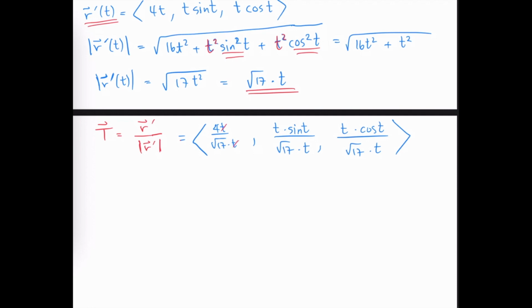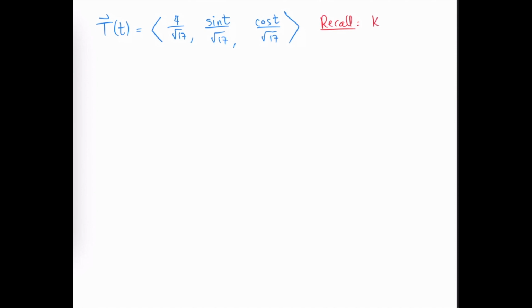And we see all of these t's are canceling out. So we have our unit tangent vector that does depend on the parameter. It depends on where we are along the path C. And this vector function is 4 over rad 17, sine t over rad 17, and cosine t over rad 17.